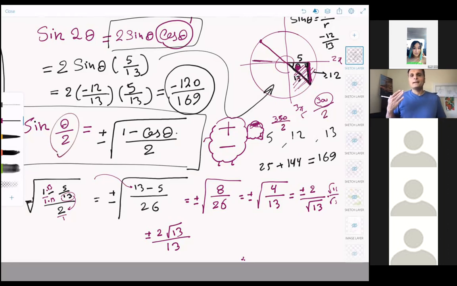So whatever angle is in quadrant 4, half of it will be somewhere around here. And in this quadrant, sine is positive. So Elizabeth is not correct. Plus.